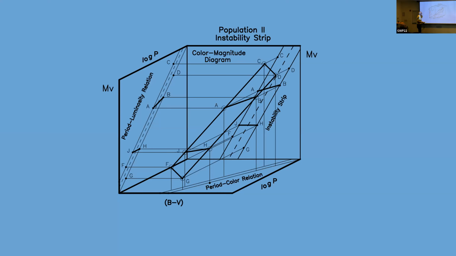instability strip. But this instability strip is not defined by the period luminosity color relation, this plane, because it's infinitely defined. There's nothing in that equation that I showed you that said you stop here, you start here, you stop there.